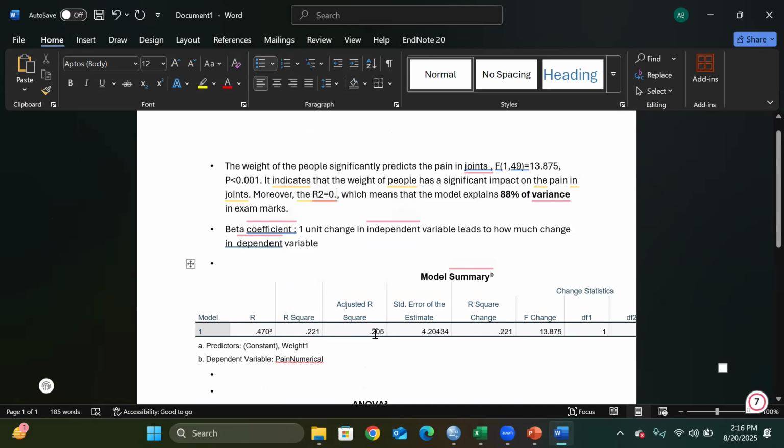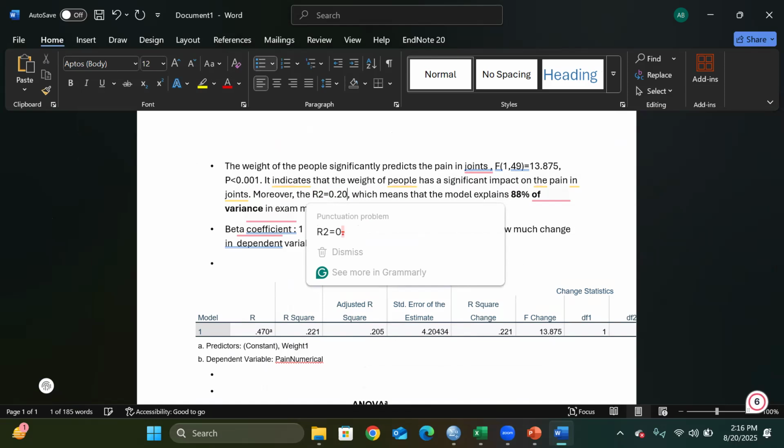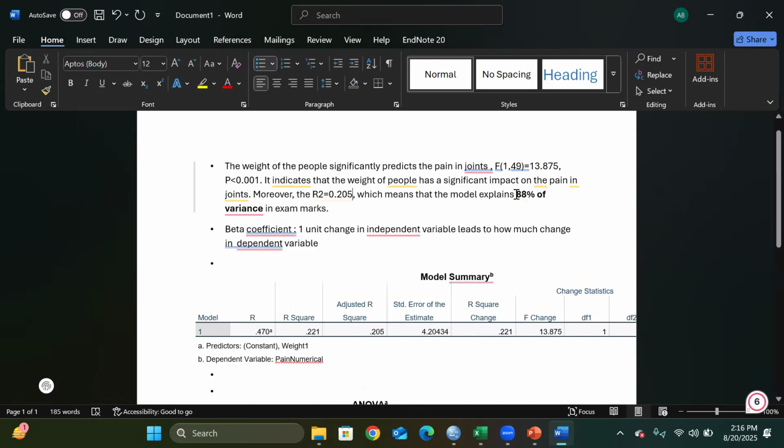I think we should go for the adjusted R square value, 0.205, which means that the model explains 20% of the variance in pain in joints. That means that the change in weight has a 20% effect on the pain in joints.